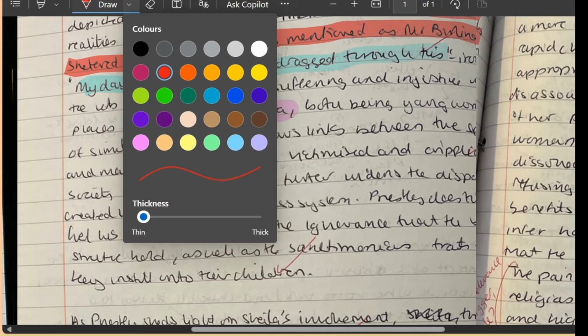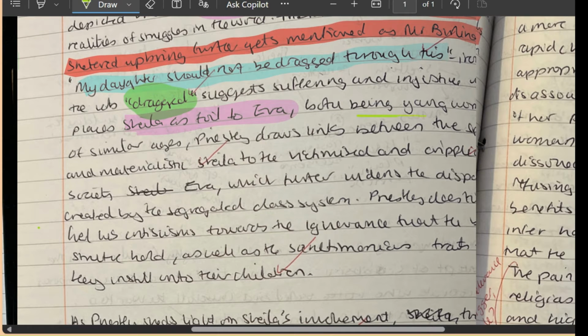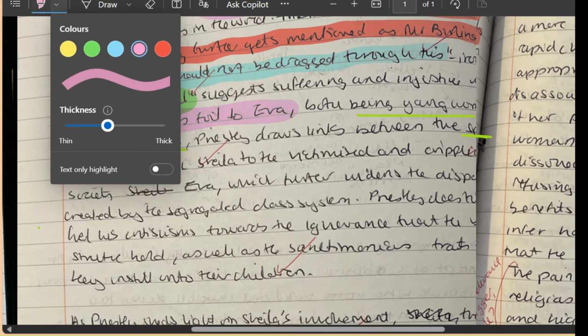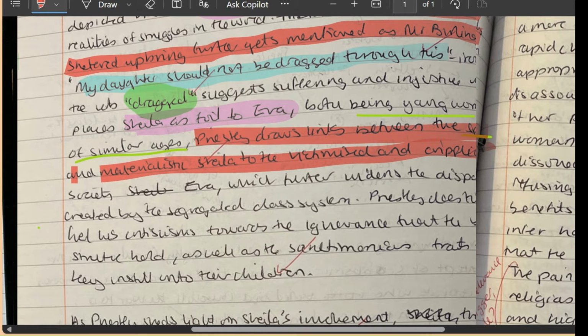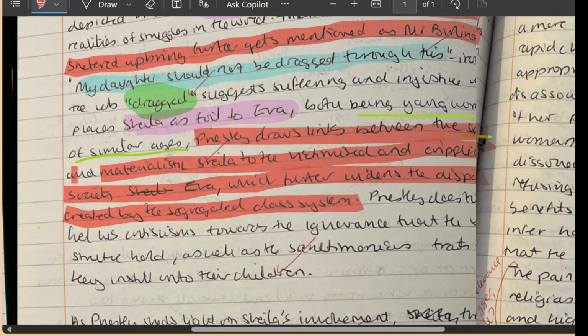So we are then drawing links of comparison to them both being young and of similar ages, and therefore that's the basis of comparison. Priestley draws links between the two. The spiteful, I believe that word would be spiteful, and materialistic Sheila to the victimized and crippled by society Eva. Okay, so again, some really nice words there. The victimized and crippled by society Eva, which further widens the disparity created by the segregated class system.